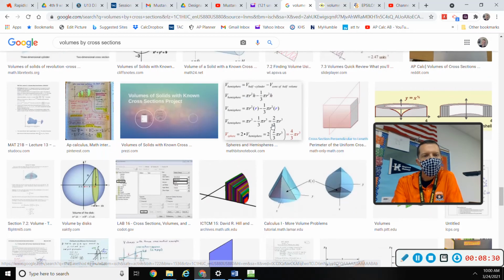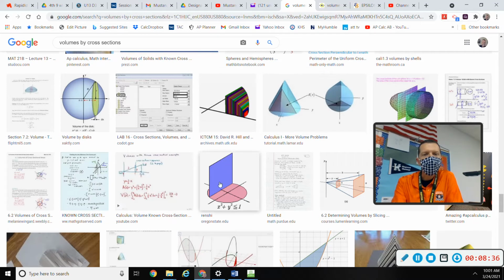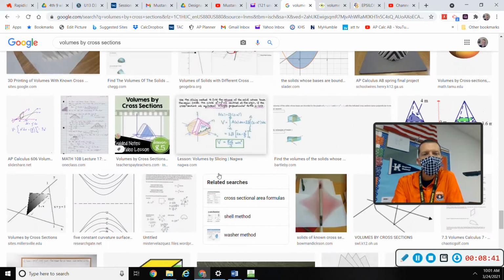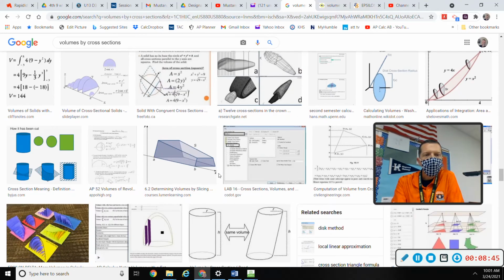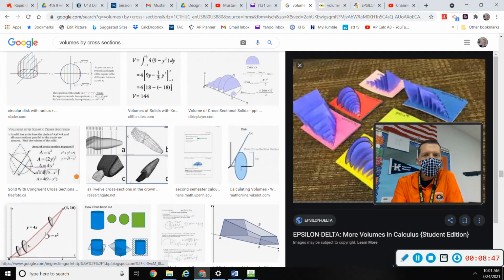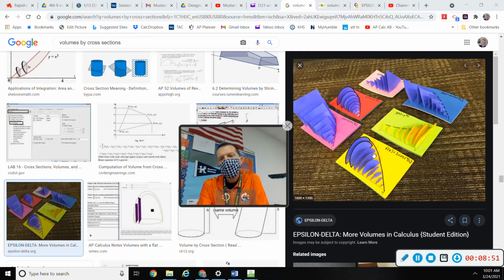There's another one with a circle base and squares coming up out of the page right there. There's some more homemade projects with some base, and got some semicircles and some squares and semicircles, some triangles. Those look like equilateral triangles even.